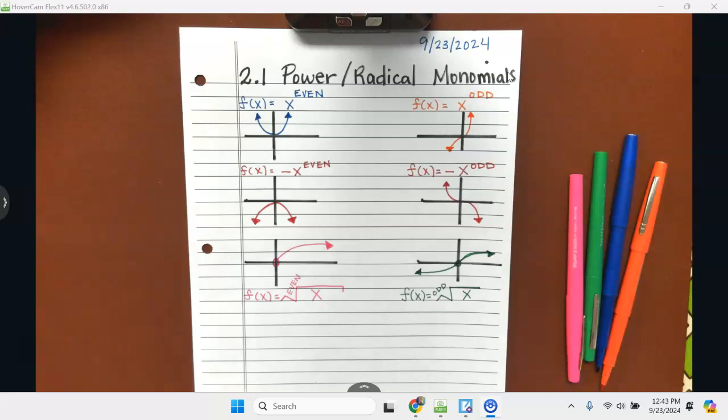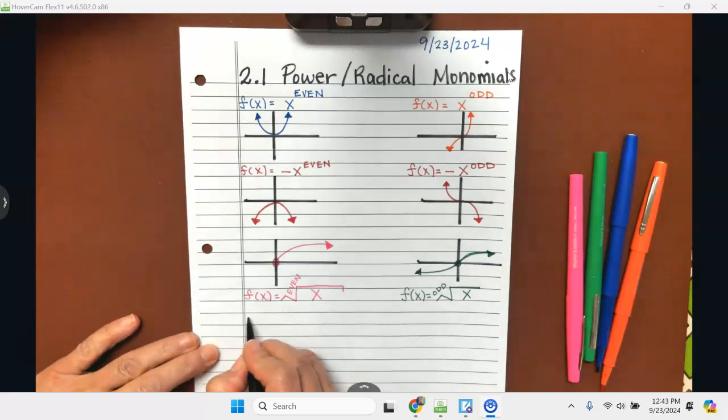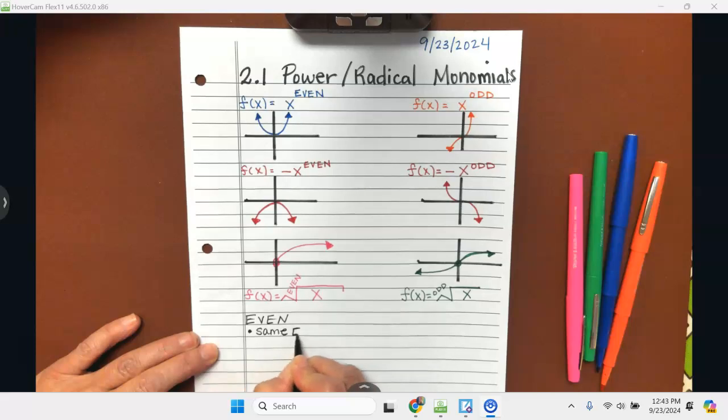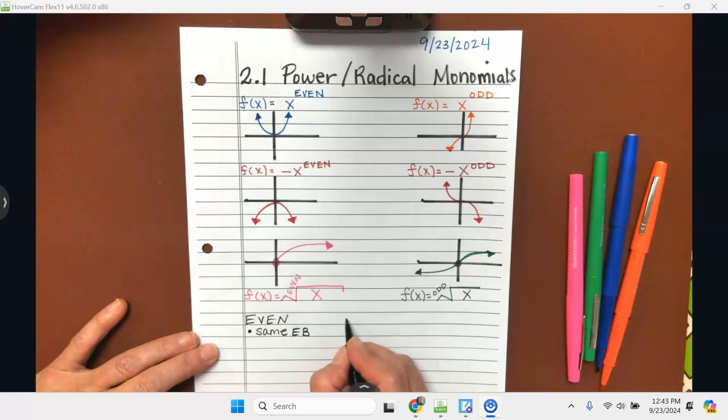Yes, because they have the same end behavior. So anything to an even power is going to have same end behavior. Anything to an odd power is going to have opposite end behavior.